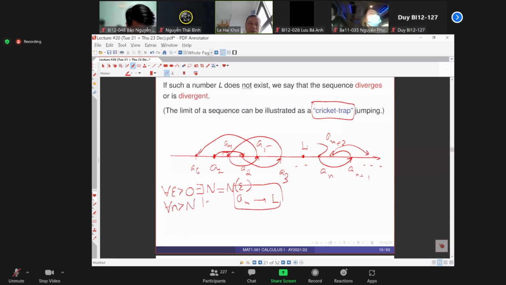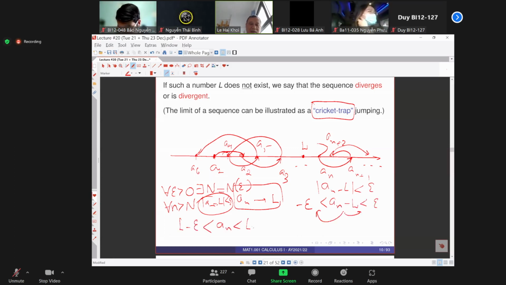What does it mean? It means that negative epsilon less than an minus L less than epsilon. So I move L to both sides. I have L minus epsilon less than an less than L plus epsilon.